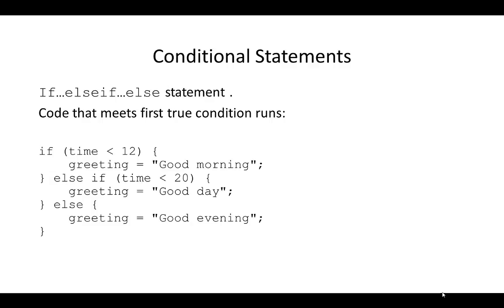So if we had the value 15, we would look at this condition, no, that's not met. We go to the next one, yes, it's met, then this block of code fires. We ignore this. So just that one fires.